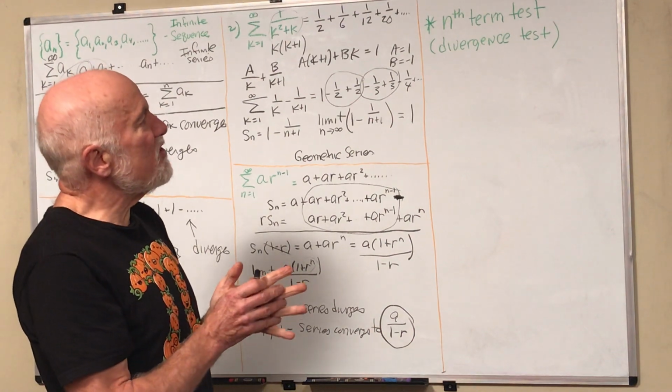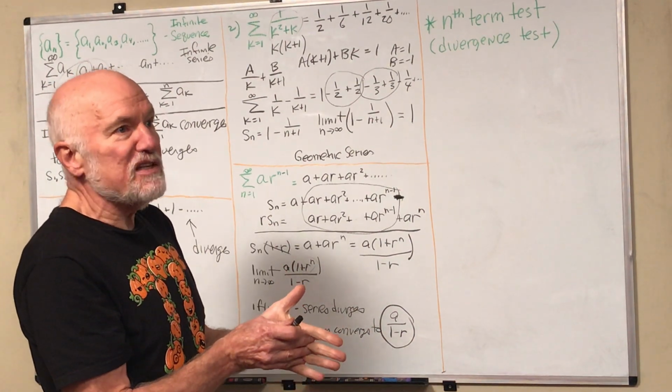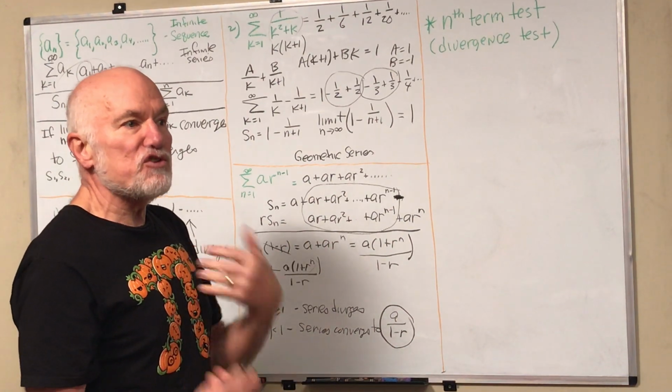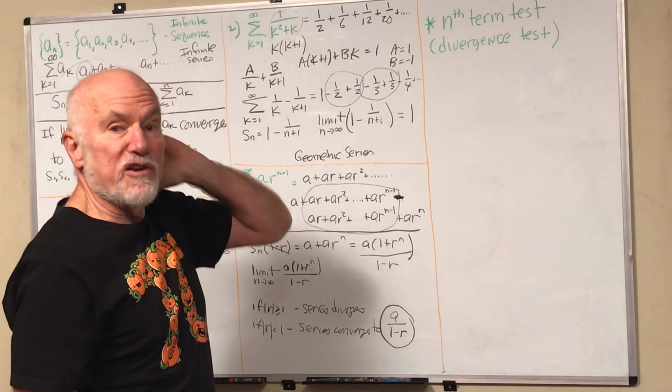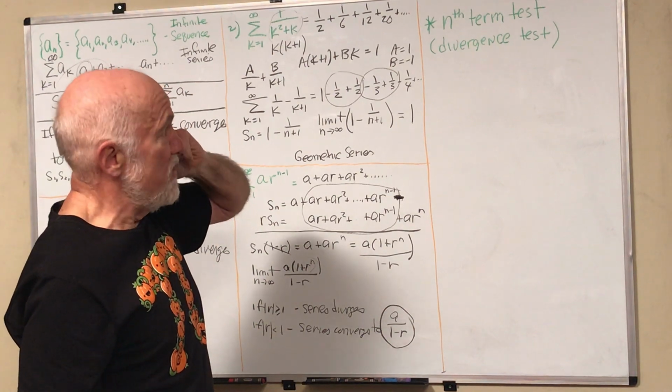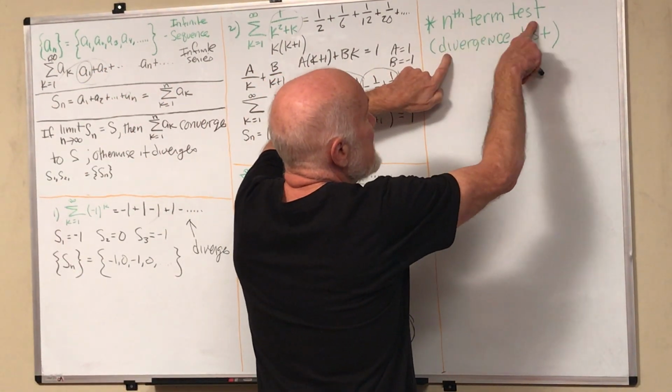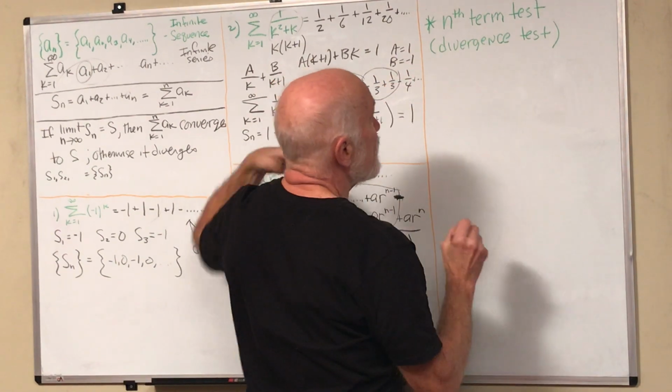So we're going to come up with a series of tests. And I'm just going to do maybe the easiest one, and always the first one you're going to try to see whether an infinite series converges or not. And this is actually called the nth Term Test, or the Divergence Test.